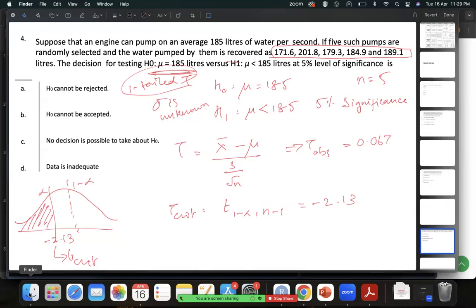So here you cannot reject H naught. Even here it is the same kind of scenario. You cannot reject H naught. No decision possible about H naught. Whenever you see this kind of a thing, this is the option that you should choose. I'll still confirm and tell, but that's how it is.